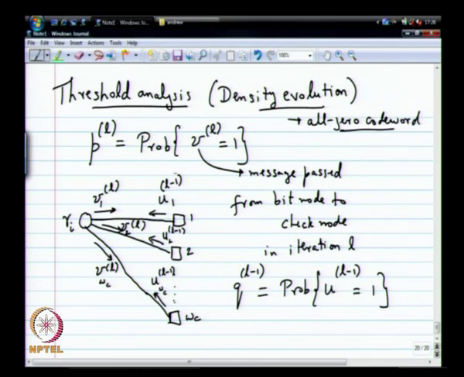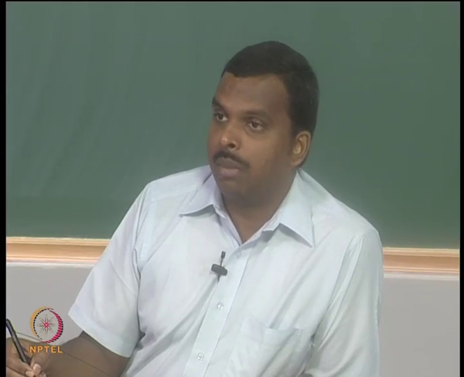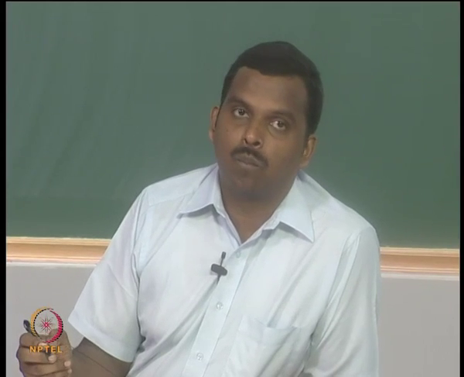Of course, that will depend on the probability that these guys are 1. The crucial assumption here is that U1 L minus 1, U2 L minus 1, up to UWC L minus 1, all of these have the same distribution as this UL minus 1 and they are independent.